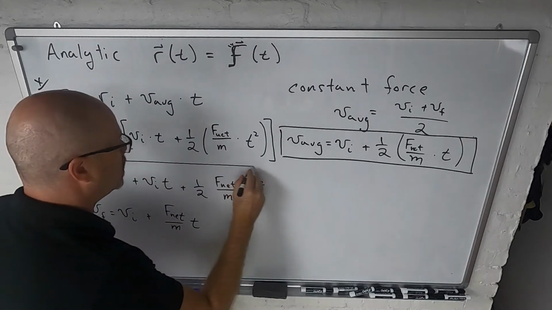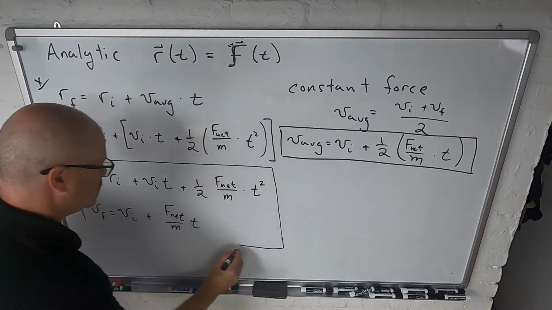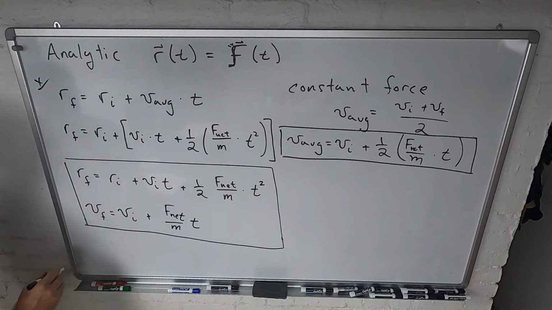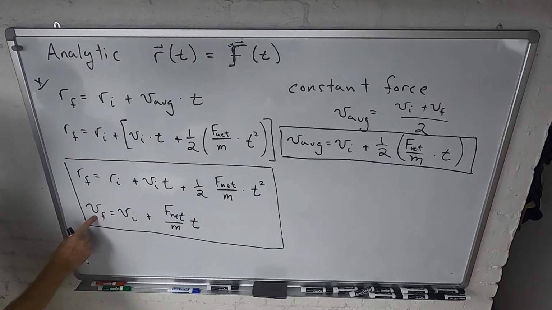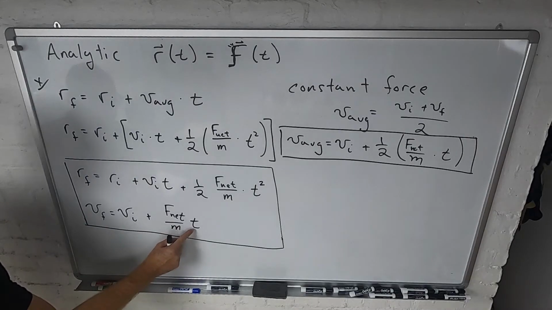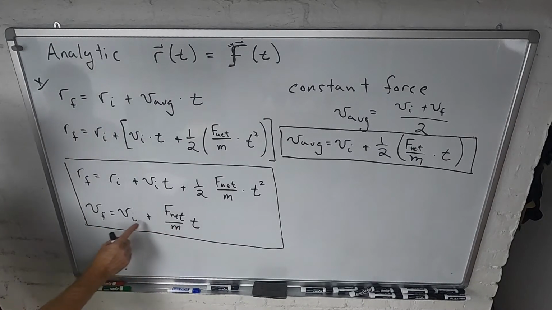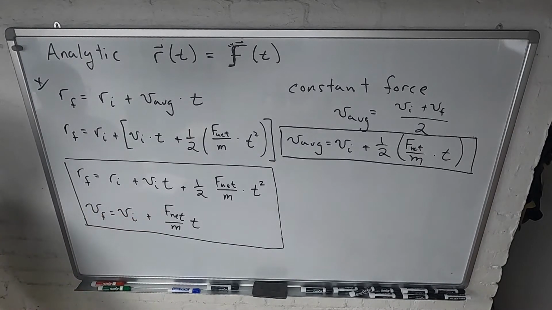We have just gone from the momentum principle to the analytical solution for R as a function of time. We've just gone for the value of the velocity at every point in time just by dividing by m in the momentum principle.